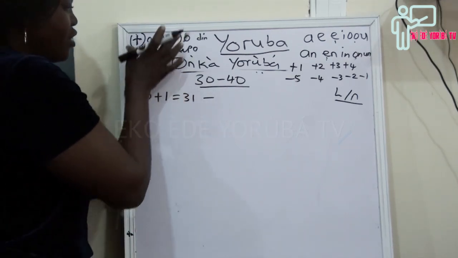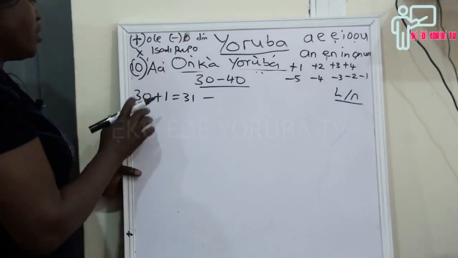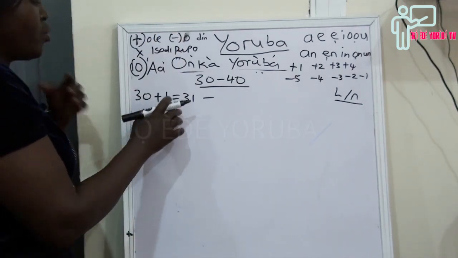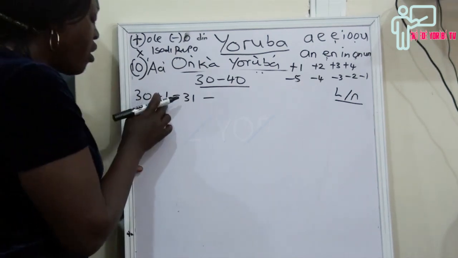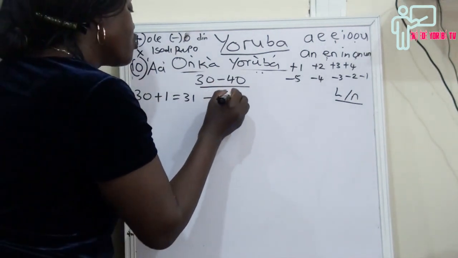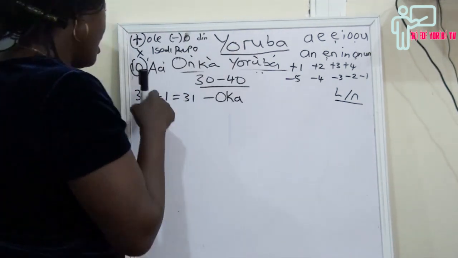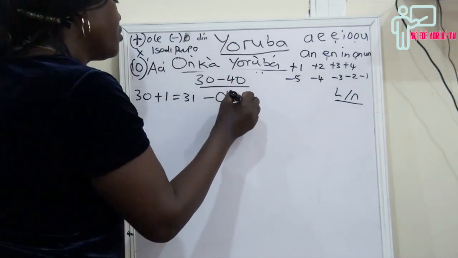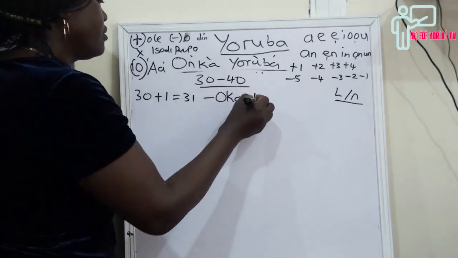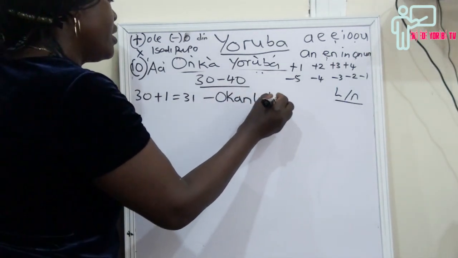So these are the rules, the formula. So this is 30 plus 1. We count from the back now. Ọ̀kan. There's no need for drawing it. We know it from 10 to 20, 20 to 30. So ọ̀kan, lé, ogún, lé lọ́gbọ̀n.